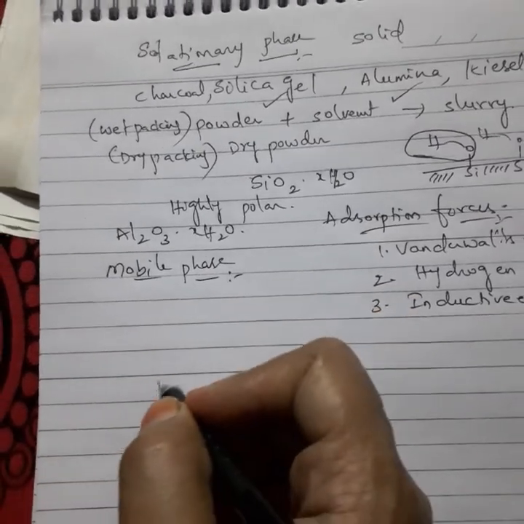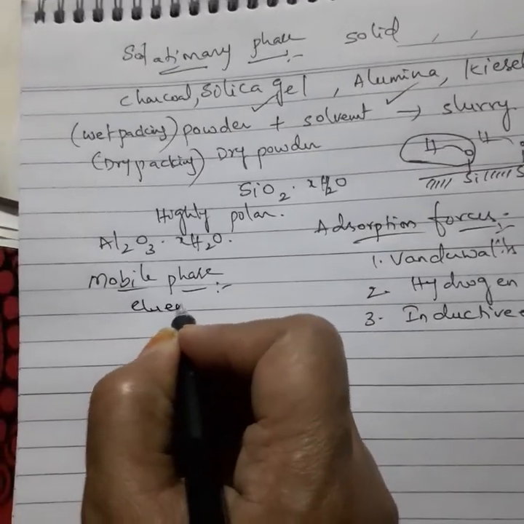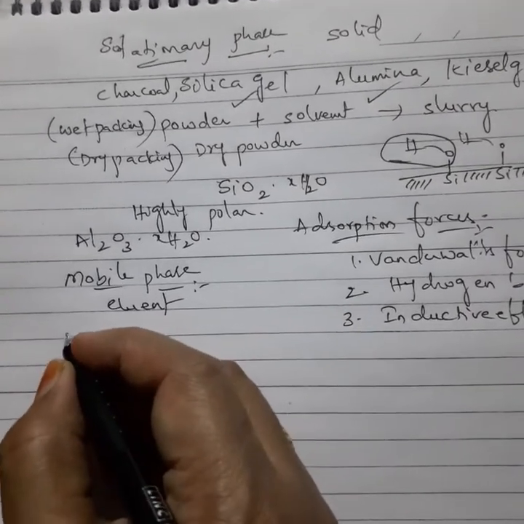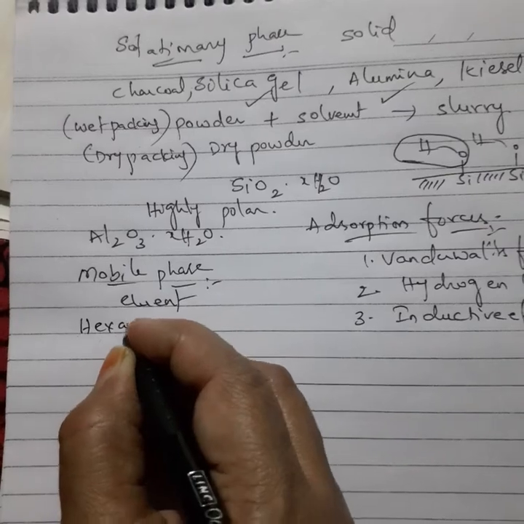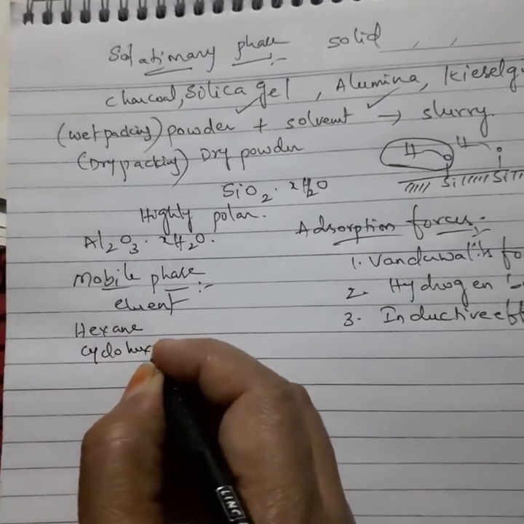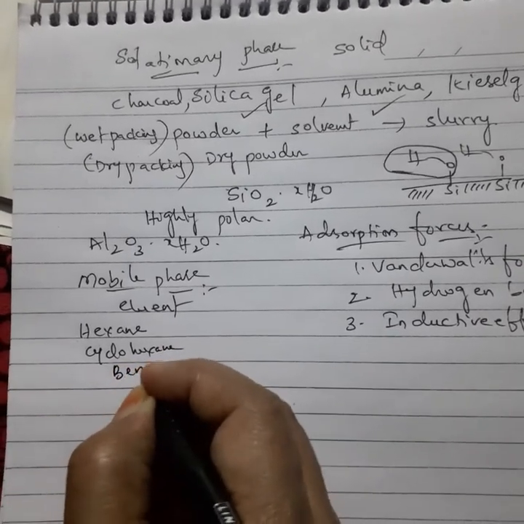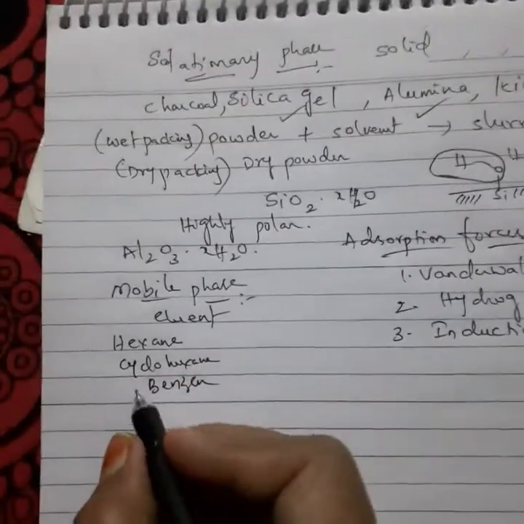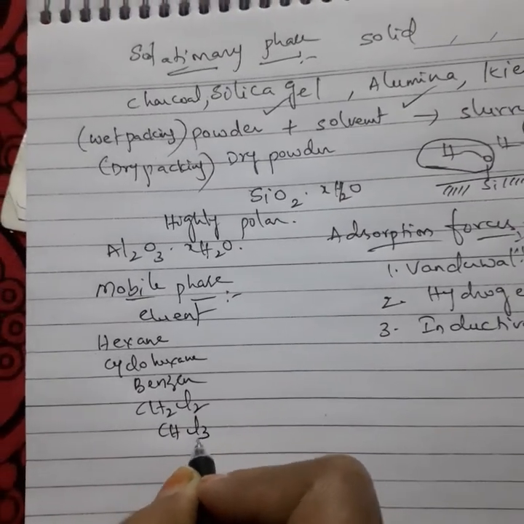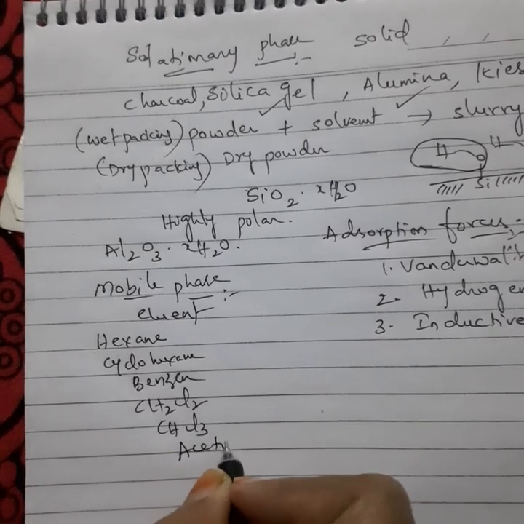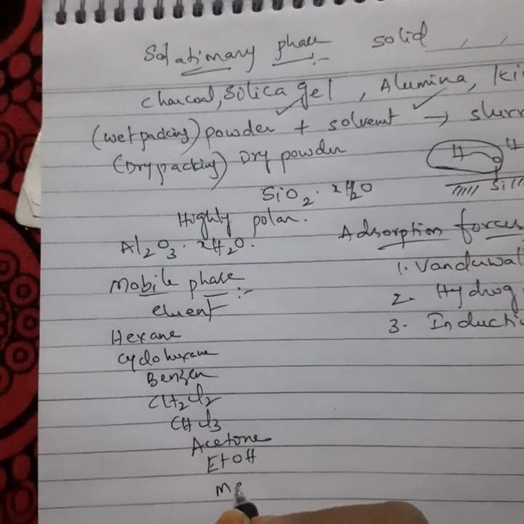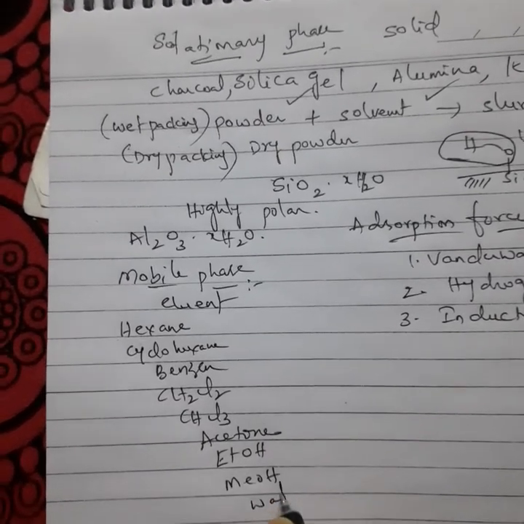The mobile phase is also called what? Eluent. Depending upon their polar nature, there is a series of solvents: hexane, cyclohexane, benzene, and next methylene chloride, chloroform, and acetone, and ethyl alcohol, and next methyl alcohol, and next one is water.